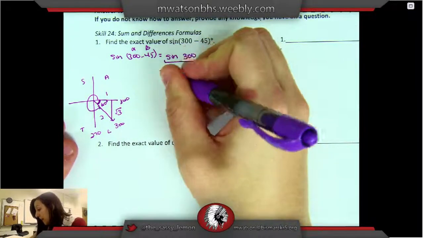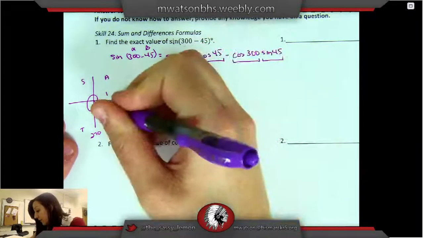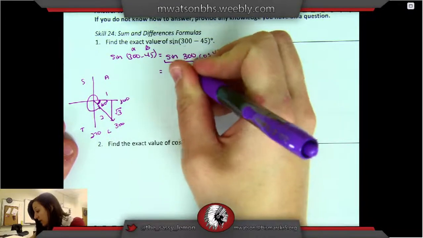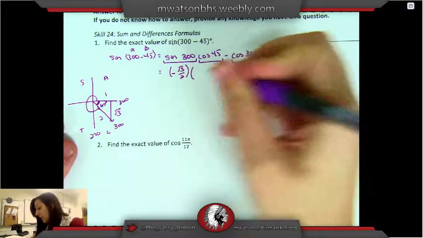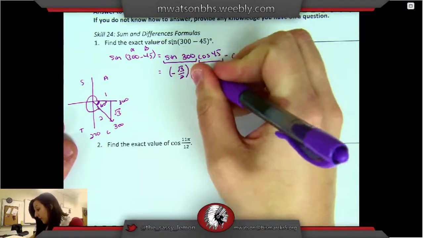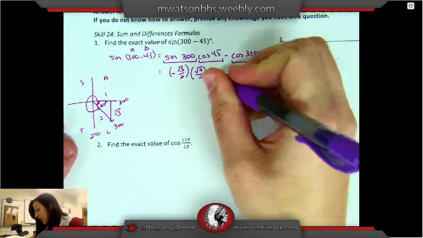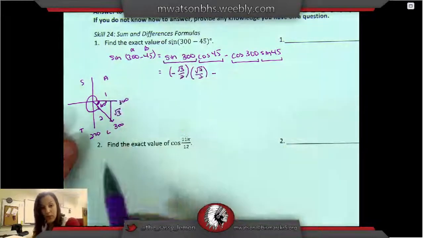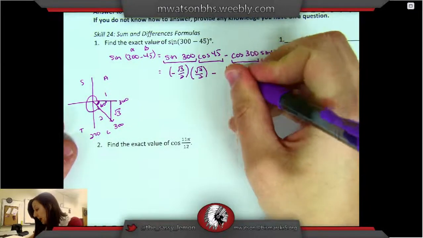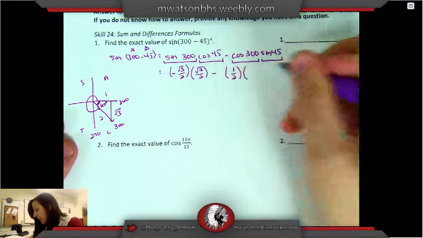So this is going to be negative square root of 3 over 2, opposite over hypotenuse, times cosine of 45 is the square root of 2 over 2, minus cosine of 300. Cosine's positive in the fourth quadrant, so this is just going to be positive 1/2 times square root of 2 over 2.